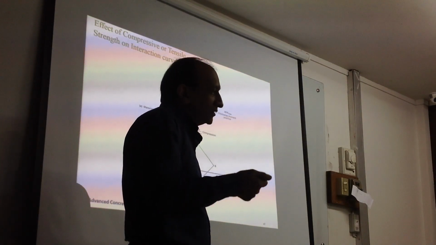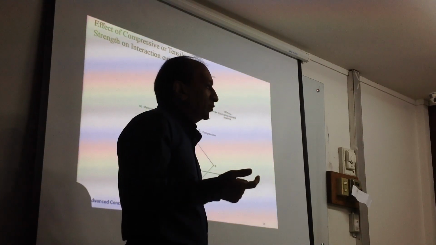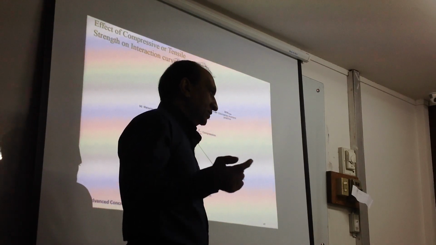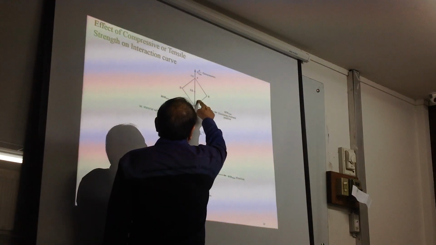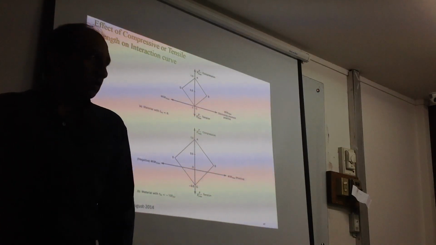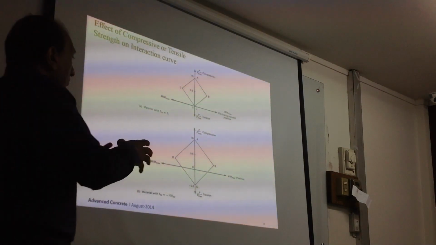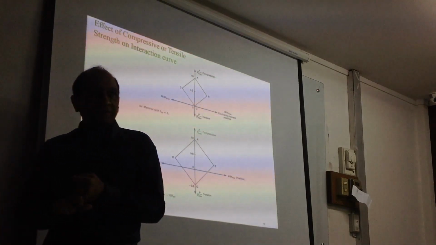So if there's no axial load, there's no moment capacity. So a beam will not work without reinforcement, because there's no axial load. But if you have some axial load, then some capacity will start to come up, okay? For the moment also. So that is how we try to understand how the moment and load interaction works.